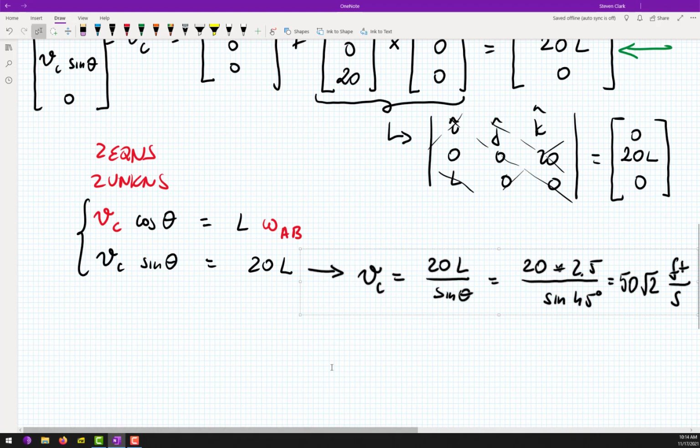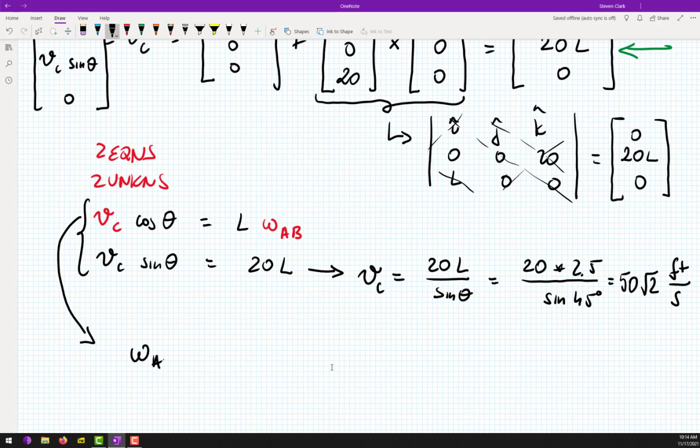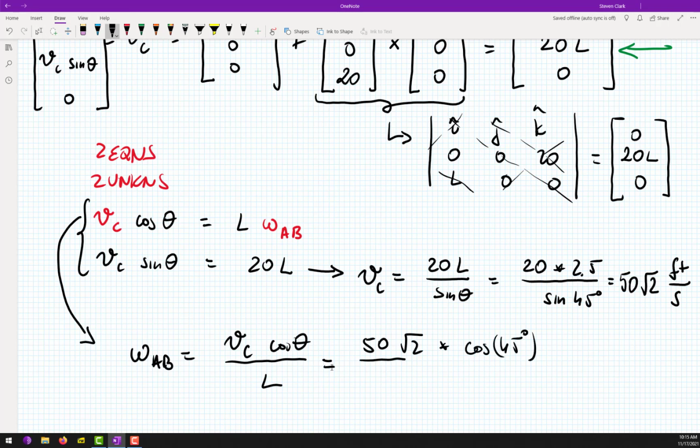And once we know VC, we also know omega AB, because from the first equation, omega AB is equal to VC cosine theta divided by L. So this will be 50 square root of 2 times cosine 45 degrees divided by 2.5. So this will be exactly 20 radians per second.